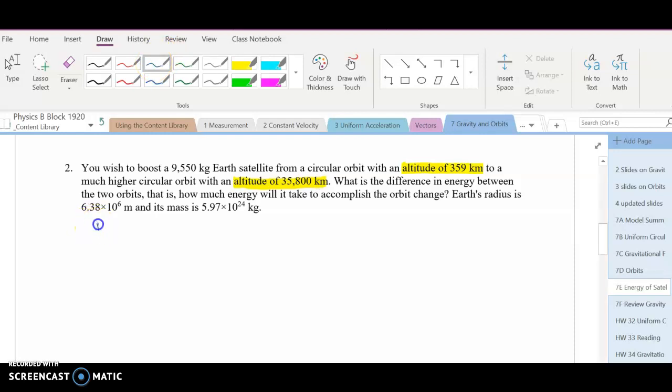And so, let's see here. Maybe I should just find my initial orbital radius, which is going to be the radius of the Earth plus the initial altitude. So that's going to be 6.386 plus 359,000. So that's 6,739,000 meters. But the final orbital radius is going to be the radius of the Earth plus the final altitude.